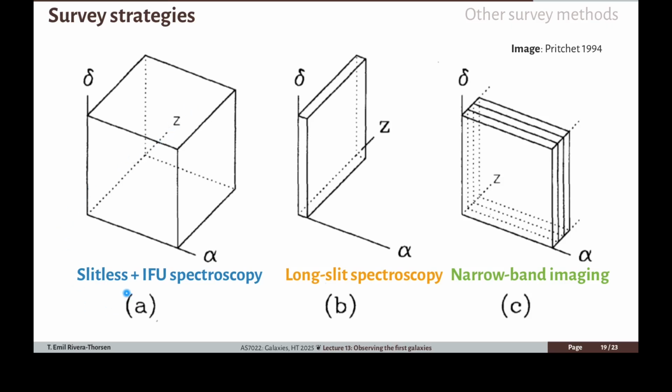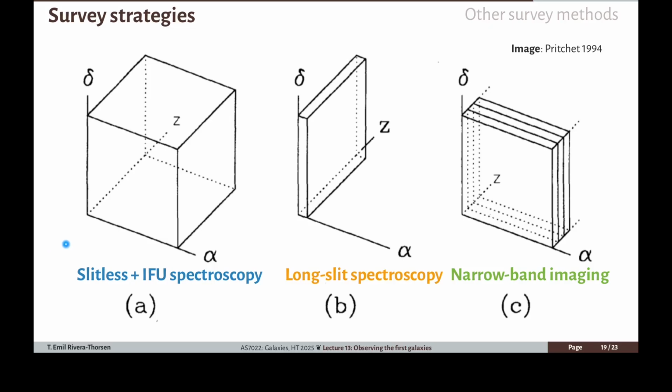If we use slitless and IFU spectroscopy, we can look at a field on the sky and see quite a large spread of redshifts in the same observation. The only problem is that IFUs have small fields of view compared to imaging, so it is kind of inefficient, but it also definitely has its upsides.